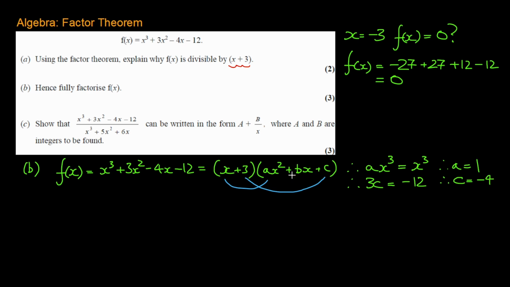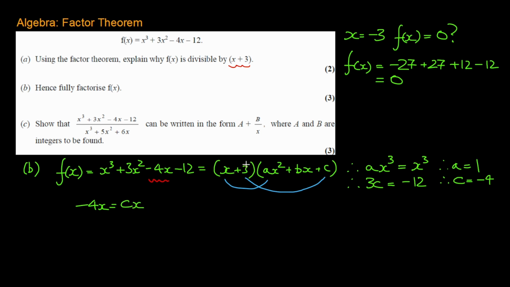B again, we have to do a little bit more work for. This time I'm going to equate the coefficient of the x terms. So I get negative 4x must be equal to any of these multiplications that generate x. Again, let's do them one by one. X times, no. Yes, cx is one of those terms.